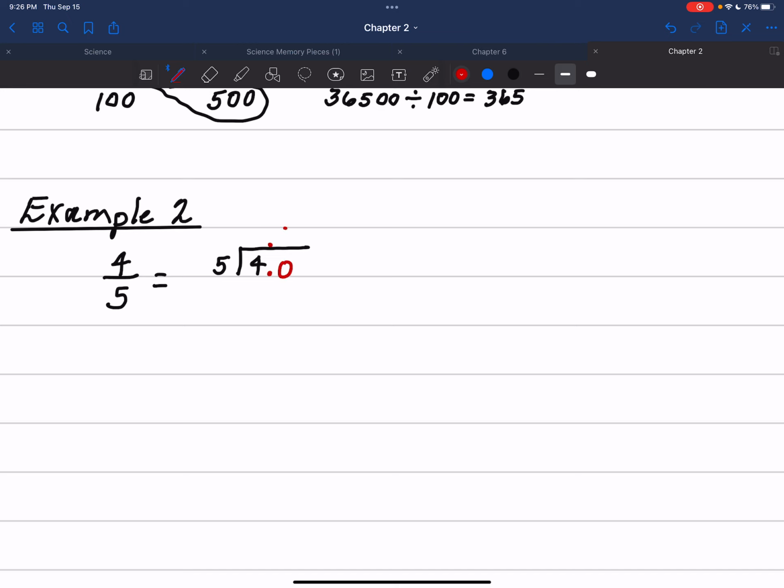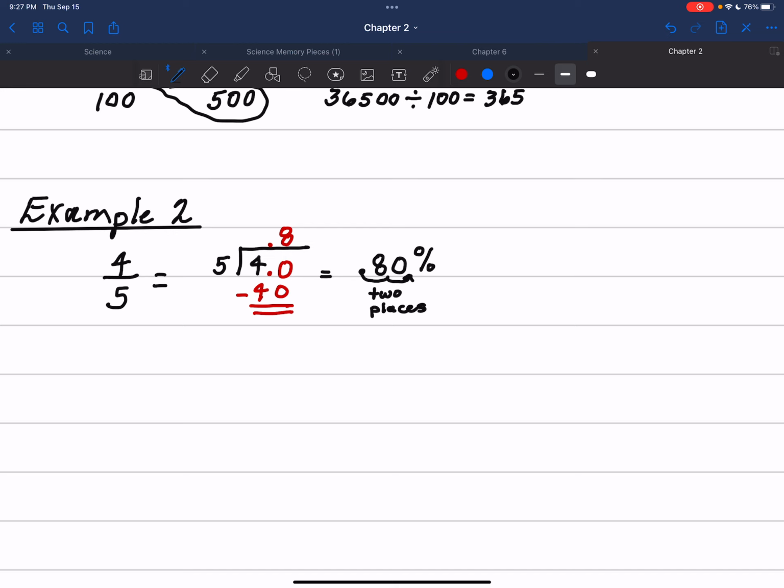And 5 into 40 is 8 times with none left over. Okay, so the decimal is 0.8. And to turn that into a percent, you move that decimal 2 places because there are 2 zeros in 100, and we're talking about per 100. So it will always be 2 places, and that will give you 80%, which is your answer.